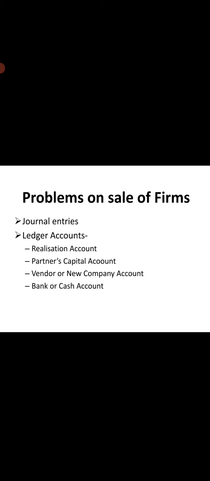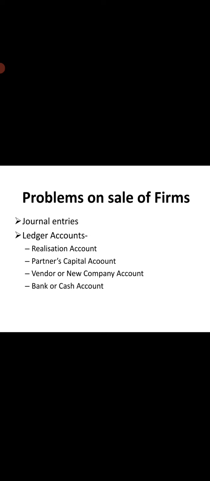Additional information. The firm was sold to a limited company on the following terms. Point number 1: the company was to purchase the whole concern except cash and investments at 10% less than book value. Point number 2: the creditors were taken over at their book figure. Point number 3: the company agreed to pay rupees 5,000 for goodwill.